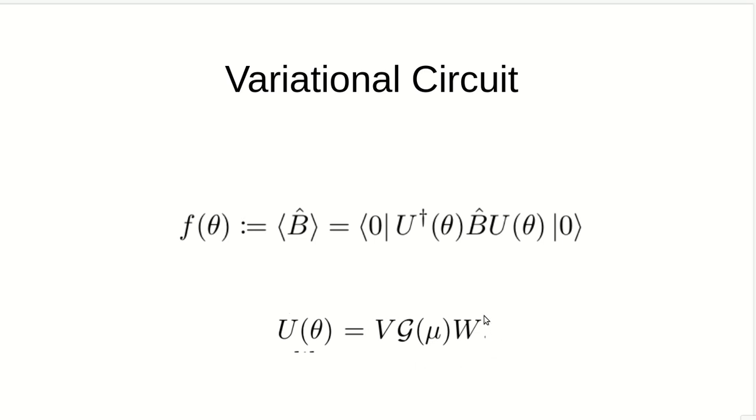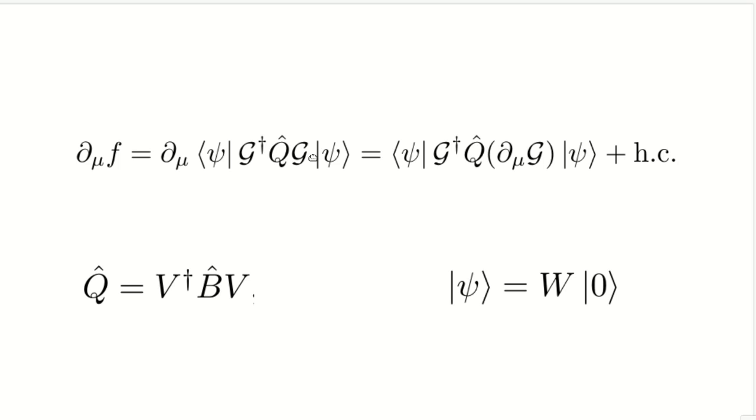of U of theta here, that will lead to psi, and you're taking basically the expectation of this composite operator. In this composite operator, I've already said that this psi is basically equal to W acting on the vacuum, and this Q is basically this thing, where B is your measurement gate.